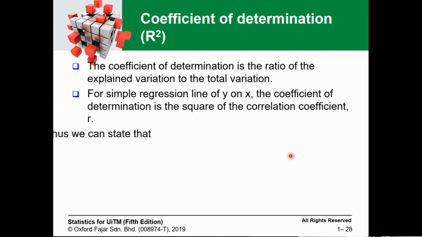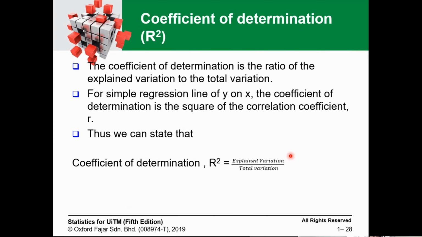The last thing we have is the coefficient of determination, which is the ratio of the explained variation to the total variation. As I was saying, if we change the price of sugar, the price of orange juice will change. But when I calculate the R square, I want to understand to what percentage I can explain the change in the orange juice price by the changes in the sugar price.